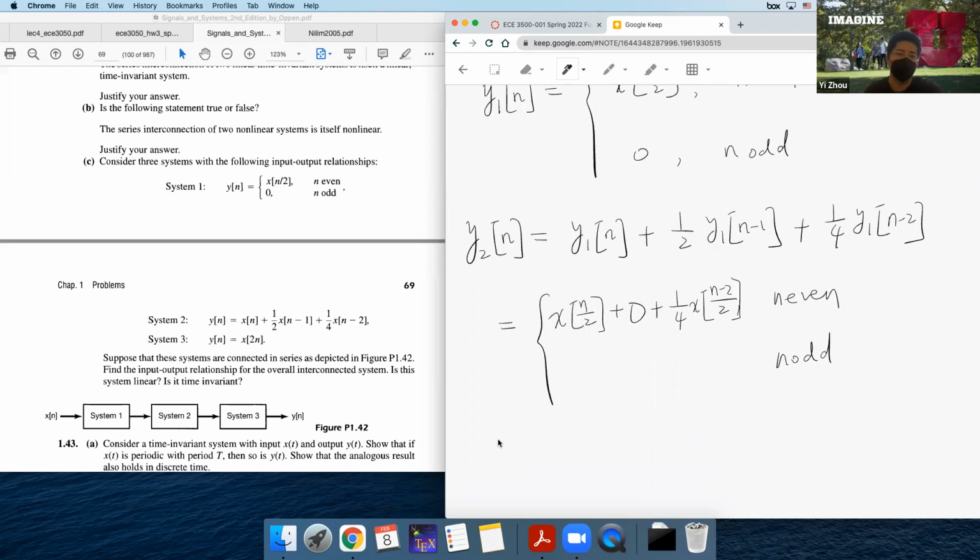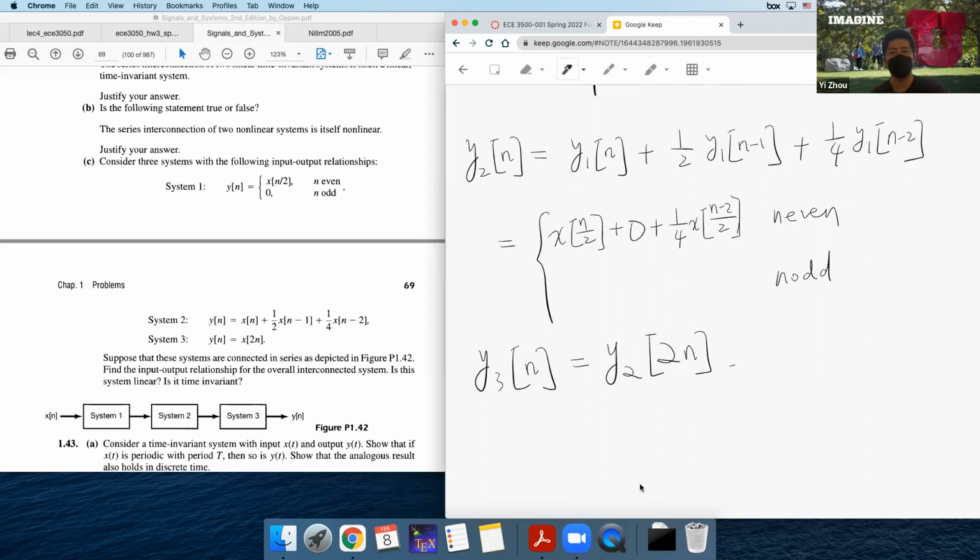In the last system, the input is the output of y2, so y3[n] is y2[2n]. Y2 depends on the evenness or oddness of its input, but now the input to y2 is always even, since an even number times 2 is even and an odd number times 2 is even.